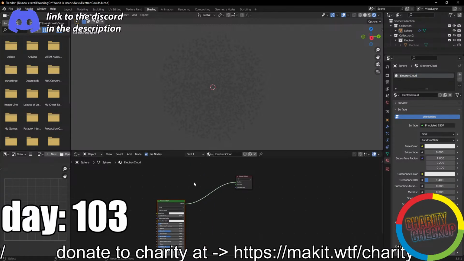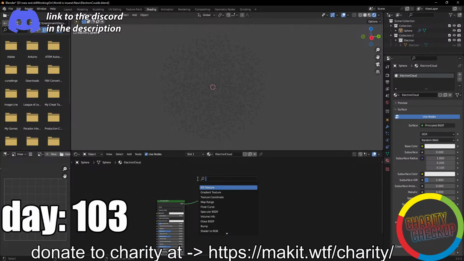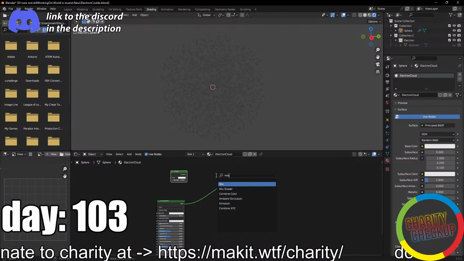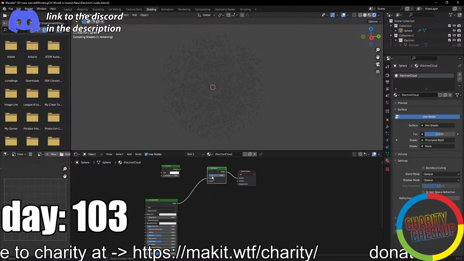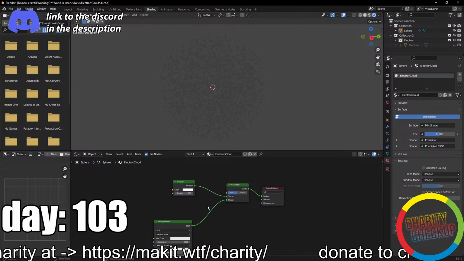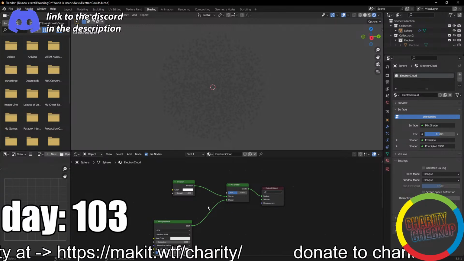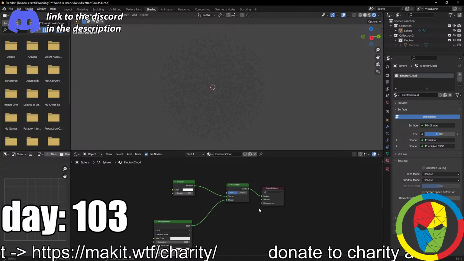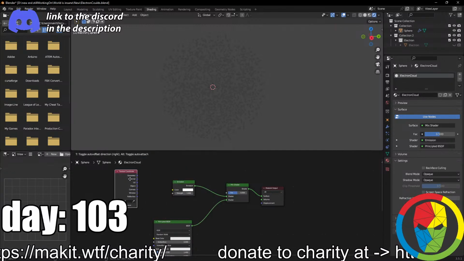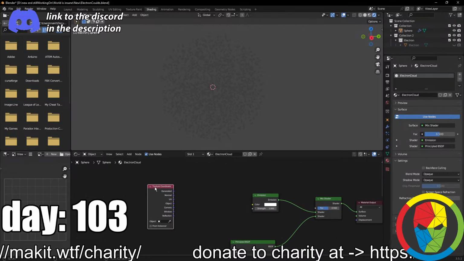And what we could do is emission. Mix shader. And now texture coordinate. Let's hope that this will work.